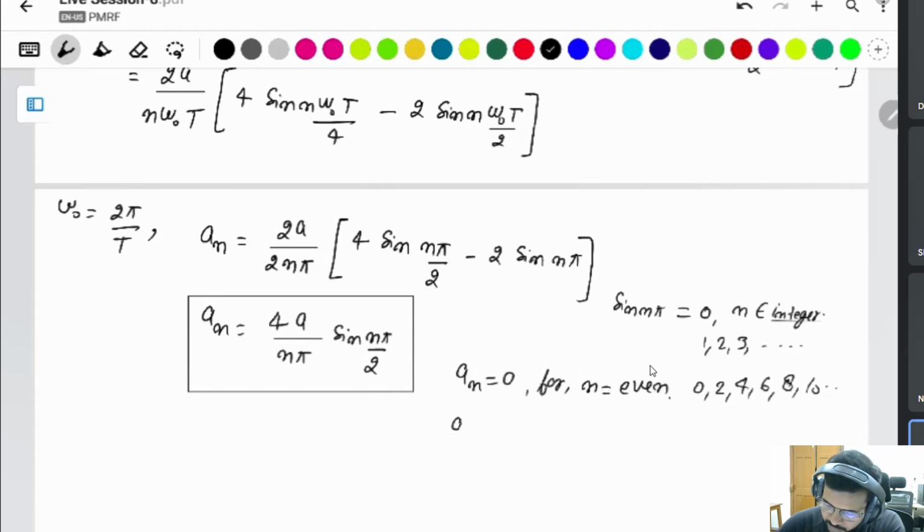If putting an even value, and if putting an odd value, then it depends on the order of harmonics which one makes this positive or negative.